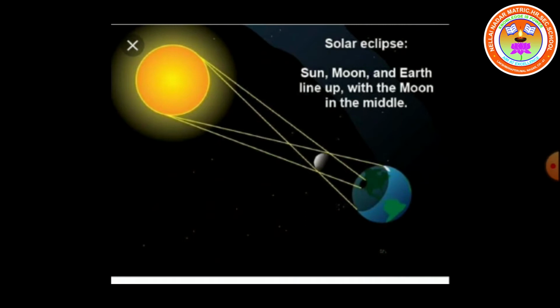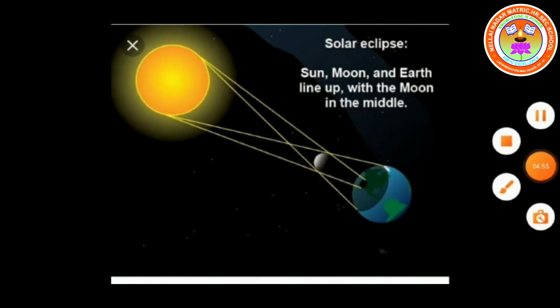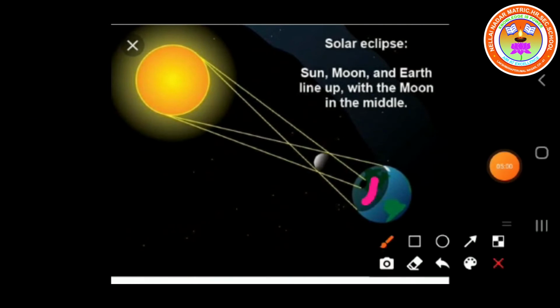Did you understand, students? We can mark A and B. Which side can we mark? The shadow of the moon appears on the earth. On this side the shadow of the moon will appear. This part we can take as A.